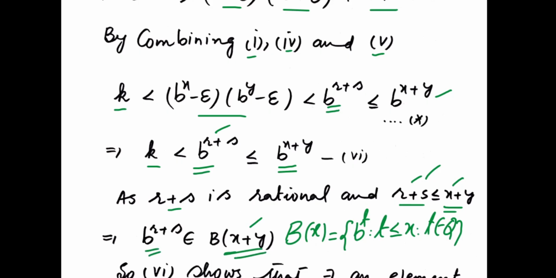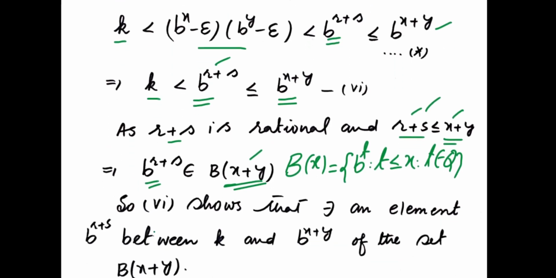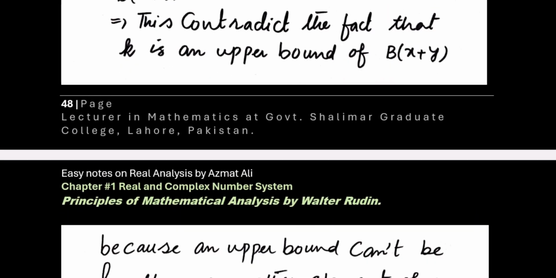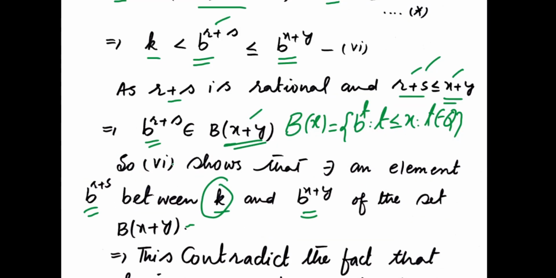So 6 shows that there exists an element b raised to power r plus s between k and b raised to power x plus y of the set. So this shows k cannot be an upper bound of this set. Why should k not be an upper bound? Because an upper bound cannot be less than any other element of the set. If k is an upper bound, then k must be greater than this element.